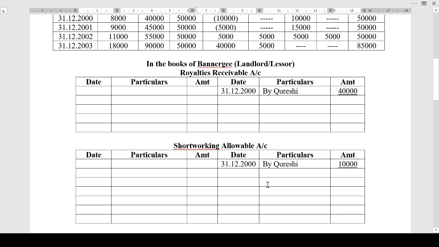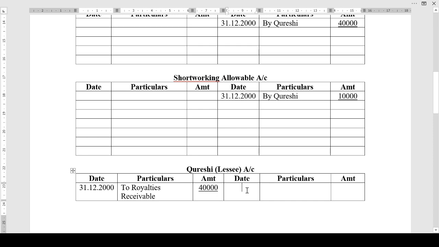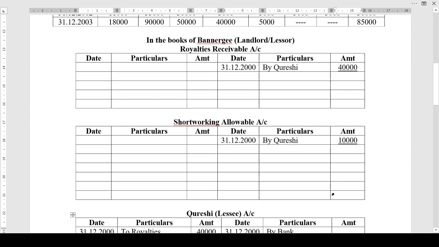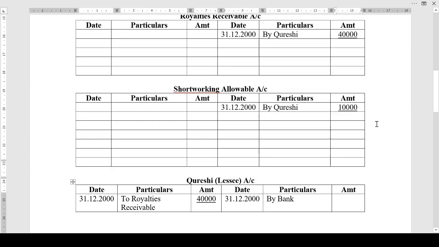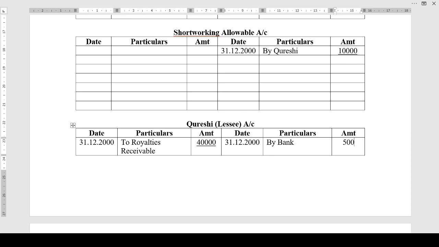So in Qureshi's account, it will be by bank. Otherwise, it's landlord account to bank. So here it's going to be bank account to lessee's account, bank account to Qureshi's account. So in Qureshi's, it is by bank. How much payment has been made? 50,000. Or payment has been received.